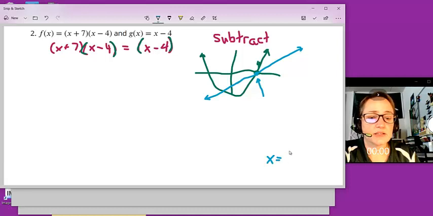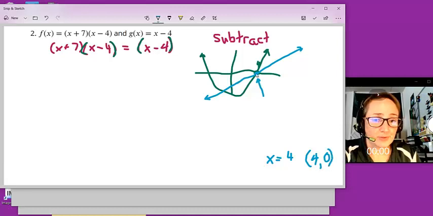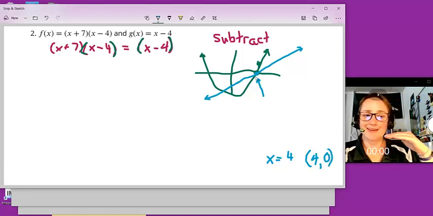is when x equals 4, and it's happening at the ordered pair 4, 0. We know that because it's a 0, and all of our zeros happen right on the x-axis.